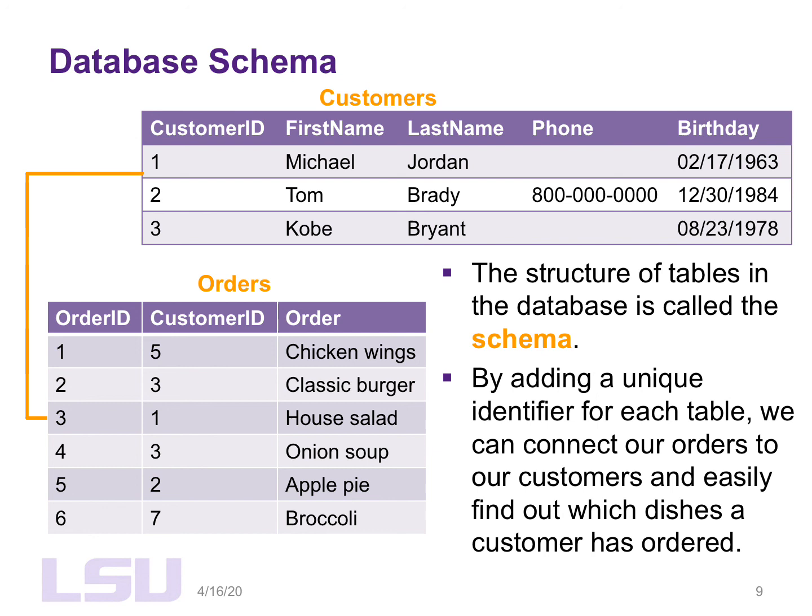So it could repeat. Why? Because customer number 3, Kobe Bryant, could have classic burger on his menu. It could also have onion soup. So it could be repeated. So this customer ID only has to be unique in the customers table. But in other tables, it doesn't have to be unique.